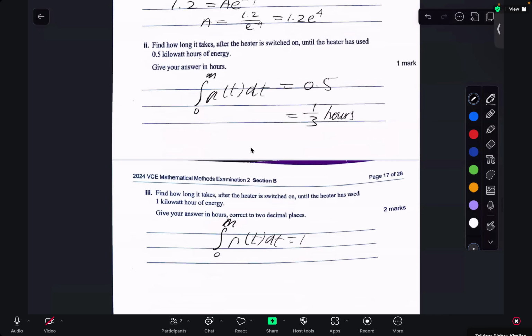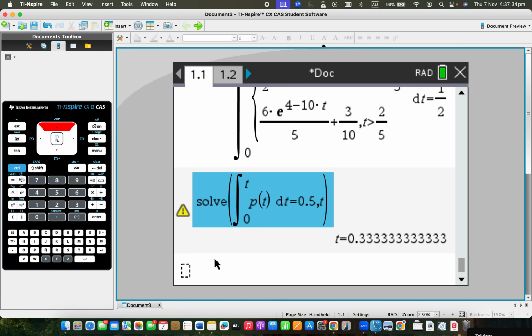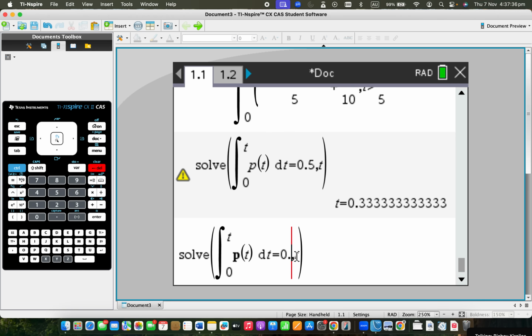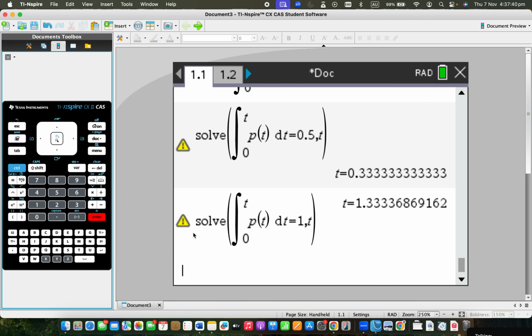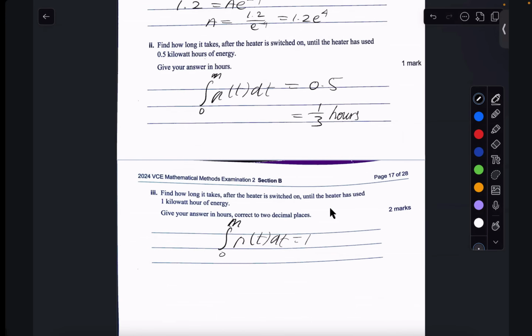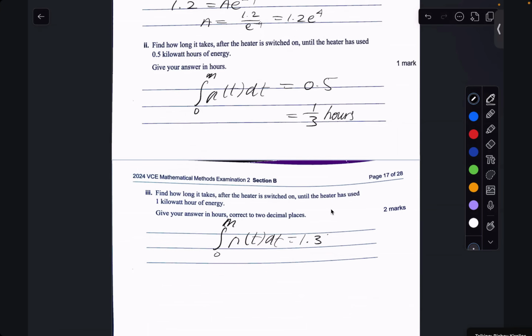Okay. I'm just trying to figure out why they would ask the same question twice. Okay, well it's just 1.33. Whatever. That's pretty weird.